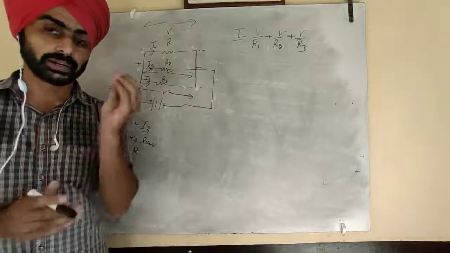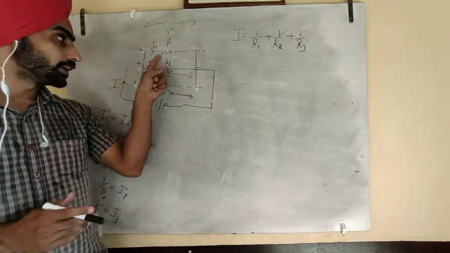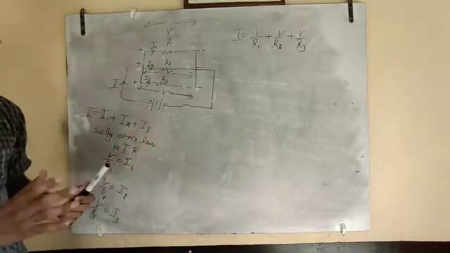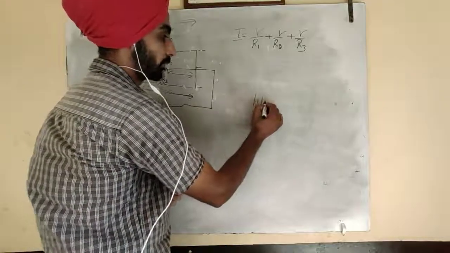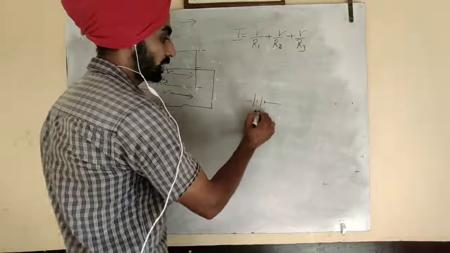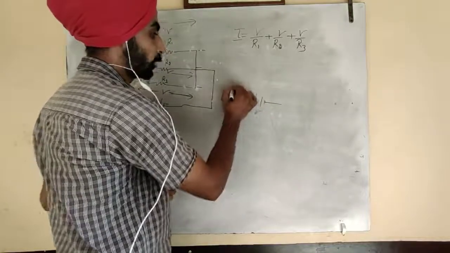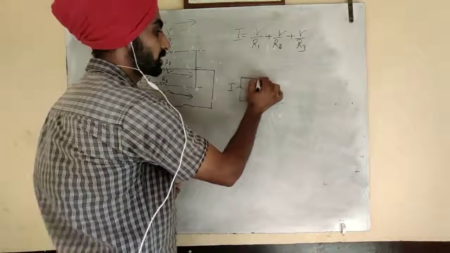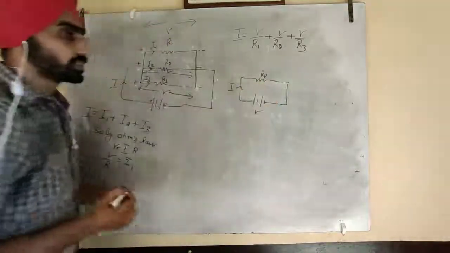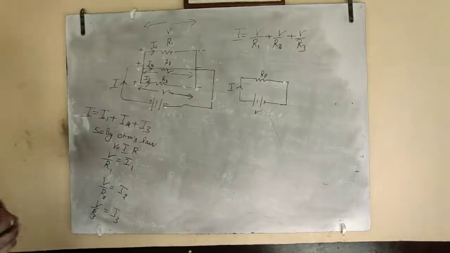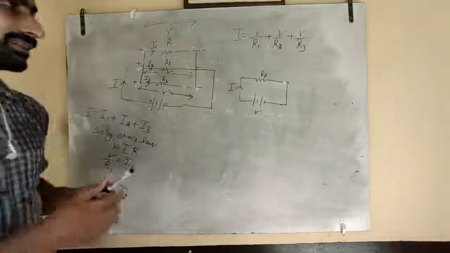A shopkeeper can give me a single resistance that is equivalent to all these three resistors, that is Rp. Suppose this is the same battery, which is providing the V voltage, and I current is going there, and there is only a single resistance which is equivalent to all these three resistors.